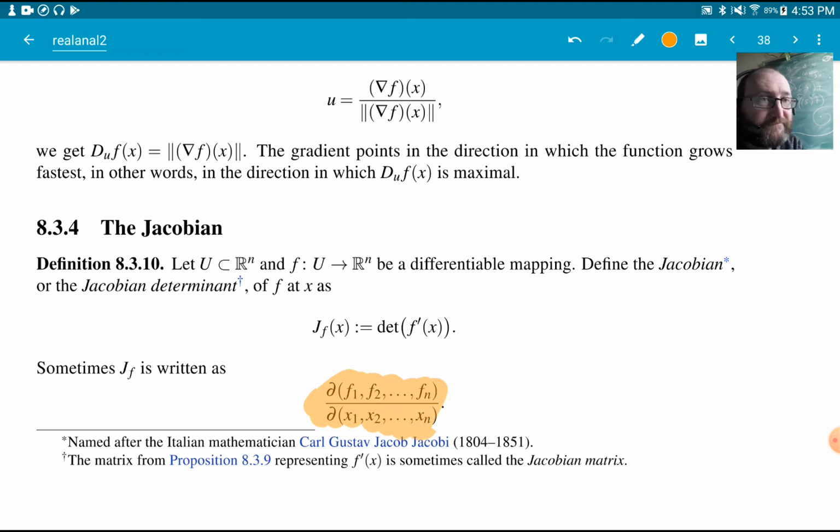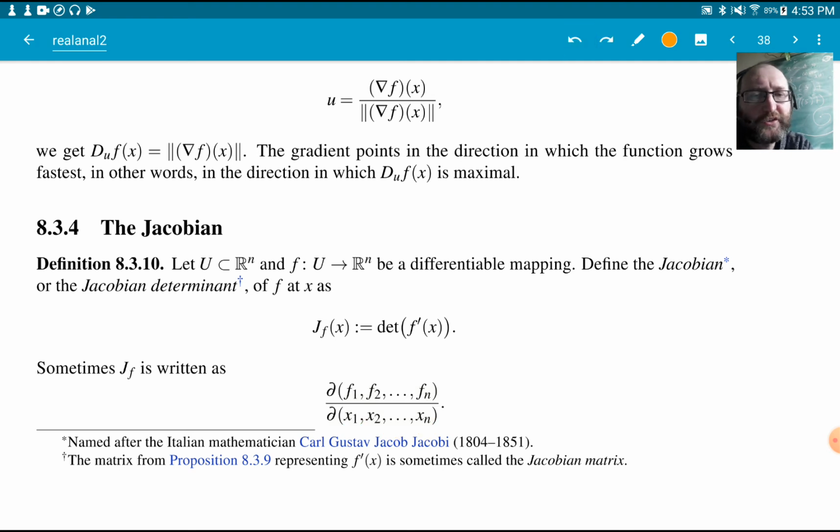Or you can pick just some of the components, or maybe think of different functions as components of a single mapping, stuff like that.